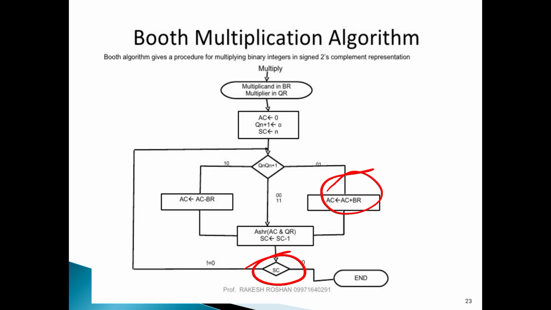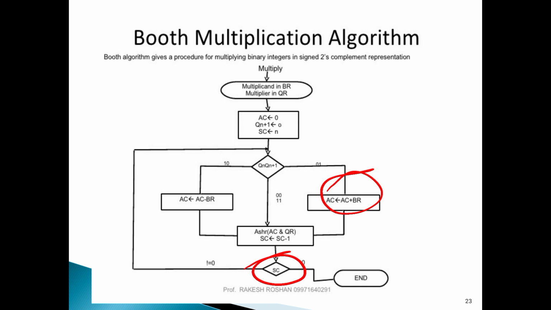What is Qn? The least significant bit of the multiplier. What is Qn+1? The previous least significant bit of the multiplier. Initially Qn+1 equals 0, then onwards we take the multiplier bits.